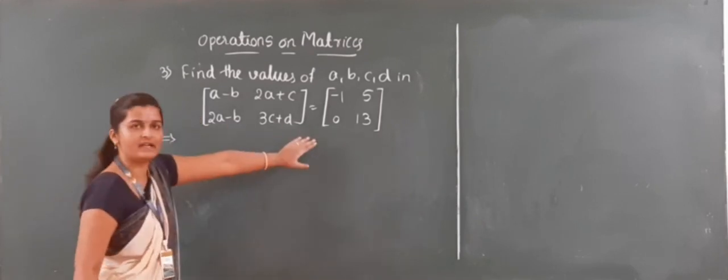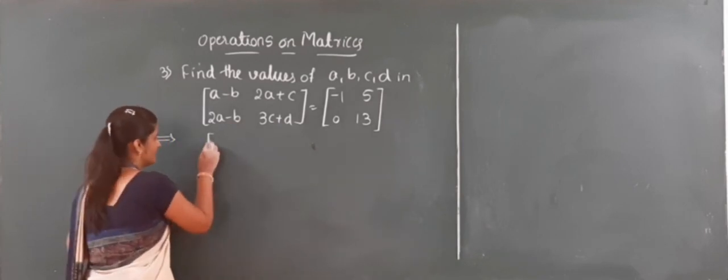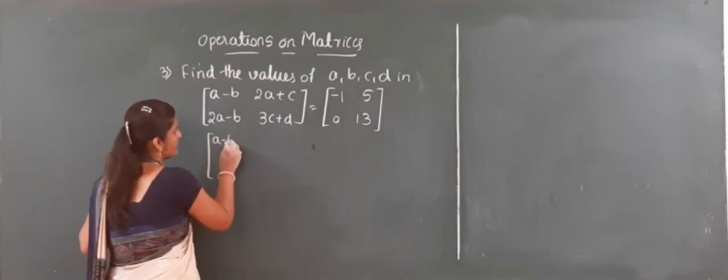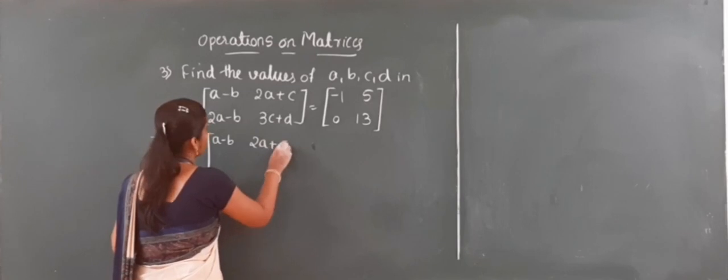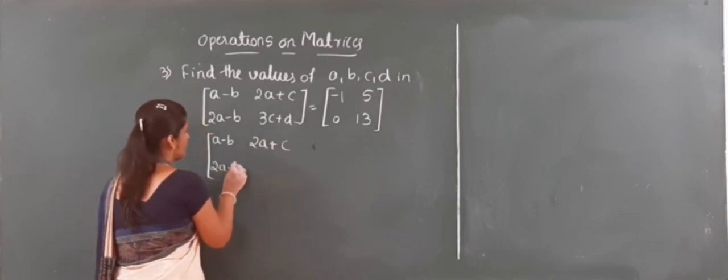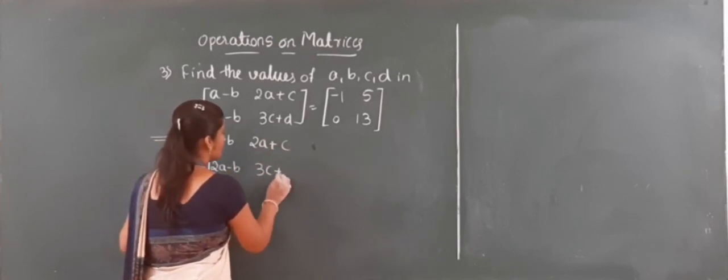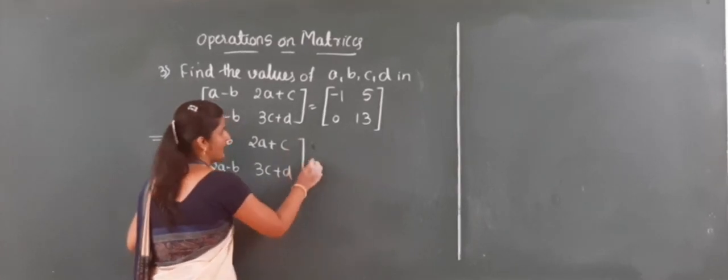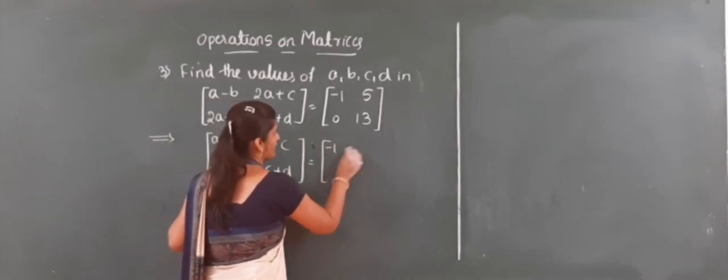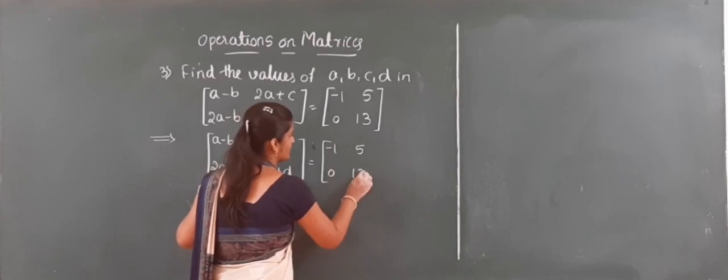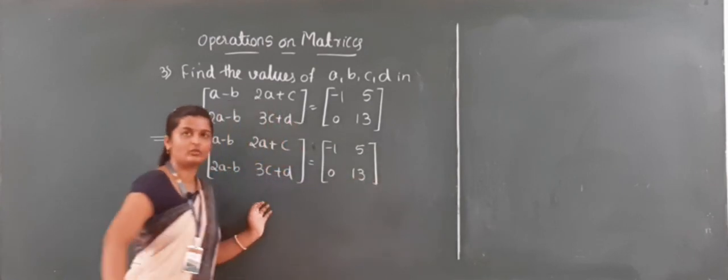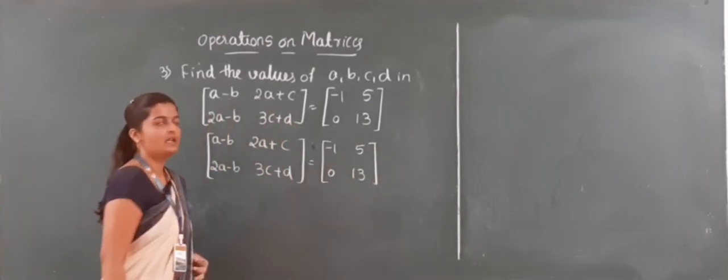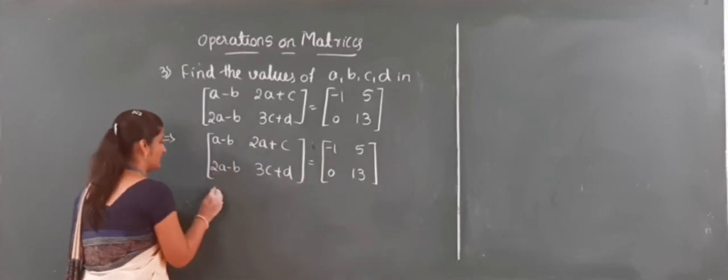Solution. So these two matrices are equal. I will note down: A minus B, 2A plus C, 2A minus B, 3C plus D are equal to minus 1, 5, 0, 13. So already the order, you know, is 2 by 2, 2 by 2. Same. Next we have to equate the corresponding elements.